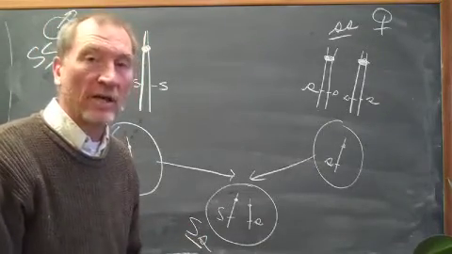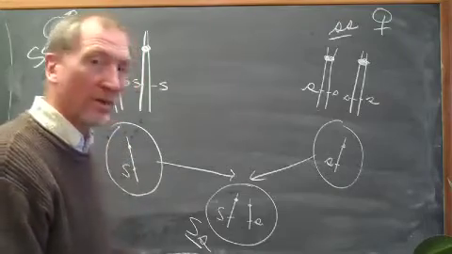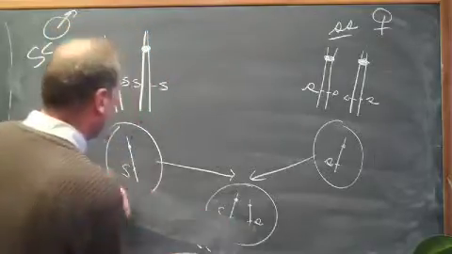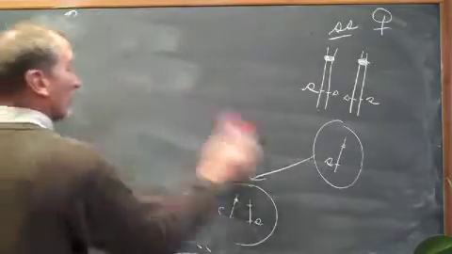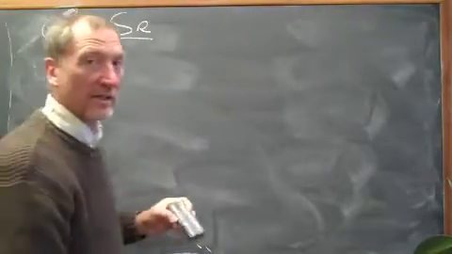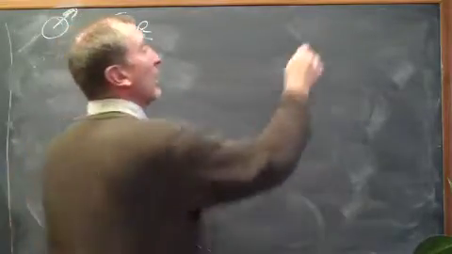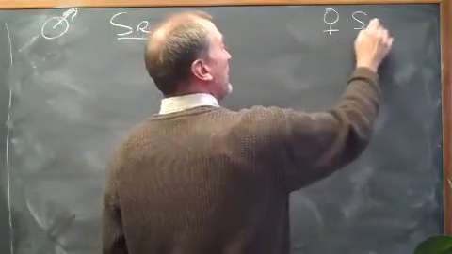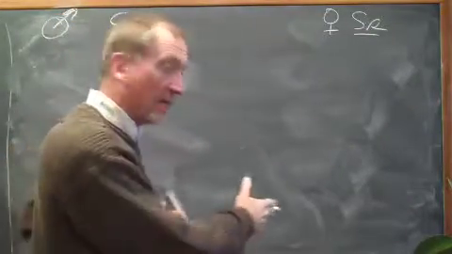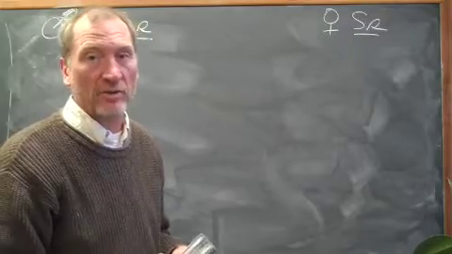Now things get a little bit more interesting when Mendel self-pollinated this F1. So let's see what happens there. Looking at the male again, it's big S, little s, and the female is also going to be heterozygous, big S, little s, because again, what we're doing is selfing the F1 that we just created that was a heterozygote.